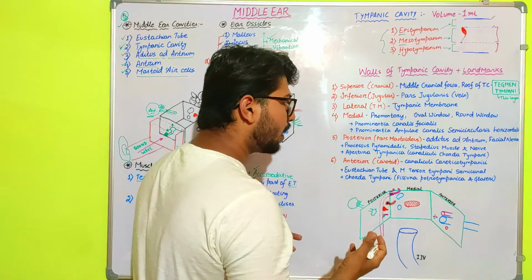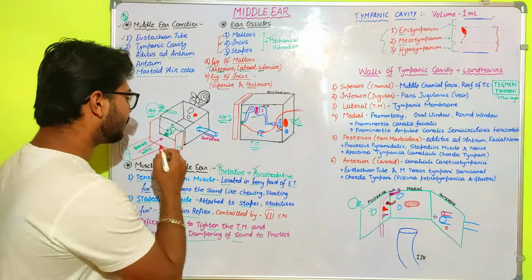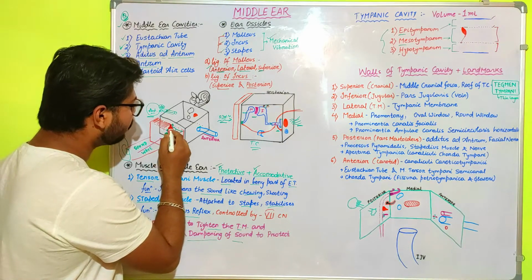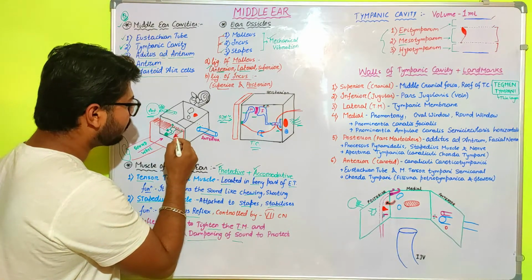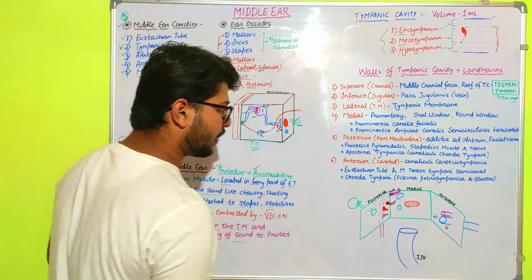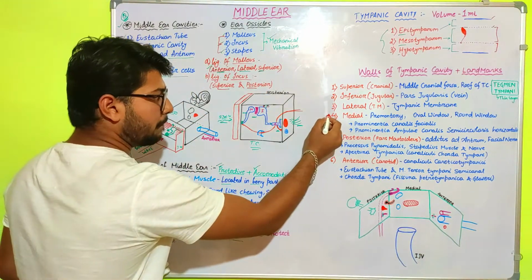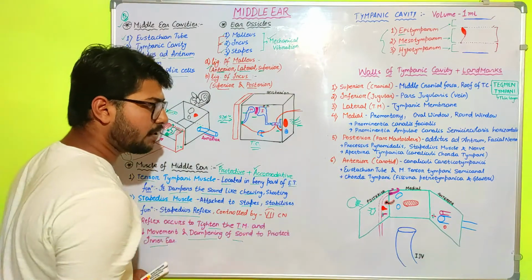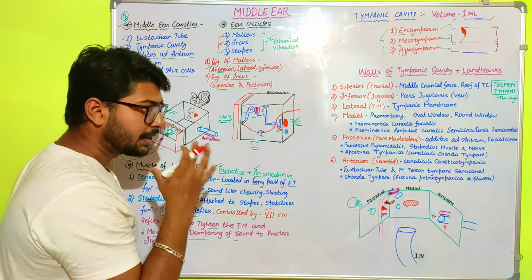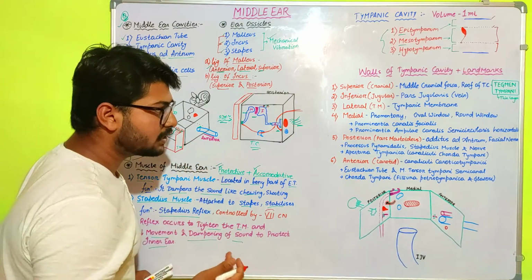In the lateral part, we have the tympanic membrane. This represents the lateral part. In the medial part, this is the medial part. Okay, from the medial, posterior and anterior walls, we have important landmarks that we should remember. How are we going to remember this?